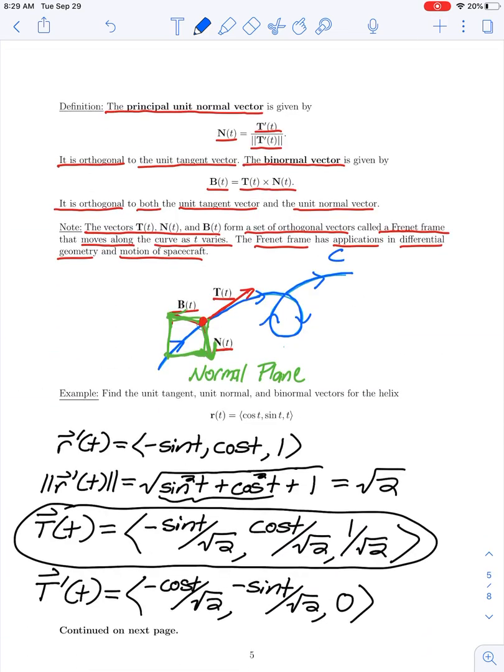The oscillating plane is determined by the unit tangent vector and the unit normal vector. So think about this plane extending infinitely in all directions, which lies sort of flat on top of our curve at a given point. So this plane is again our oscillating plane. And the vector B of t is of course normal to that plane.